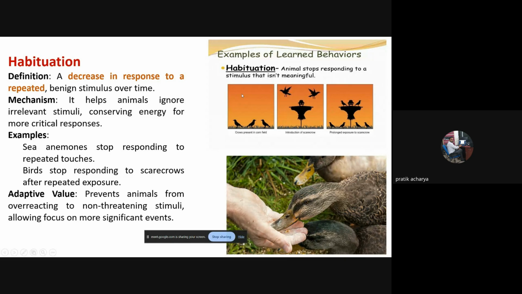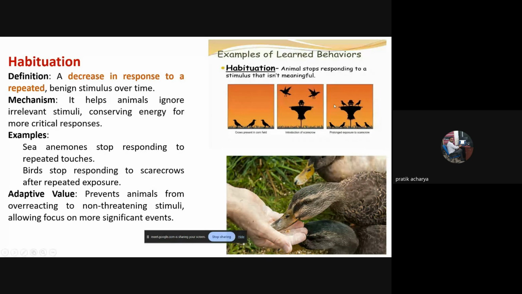If we discuss animal habituation, just look at this picture. In the first picture, the crows are present in a cornfield. In the second picture, what is introduced? Scarecrows. When the scarecrow is introduced, the crows start moving away from the field.